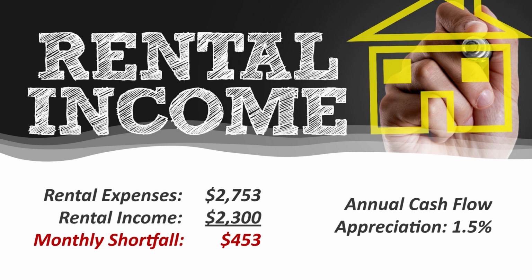All of the scenarios we covered so far include a 1.5% cash flow appreciation rate, which means even though the property started out by losing money, it slowly improves over time. But it still takes a while to get back to positive cash flow. For this scenario, the property runs at a deficit for just over 15 years.